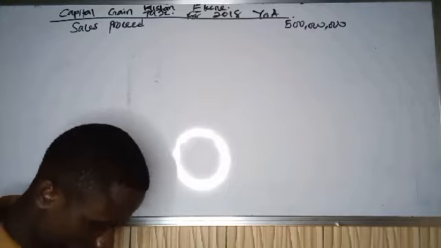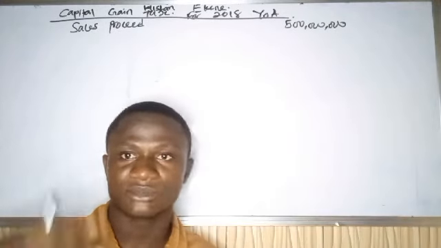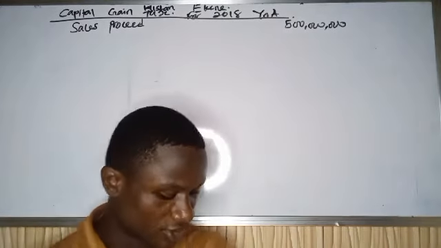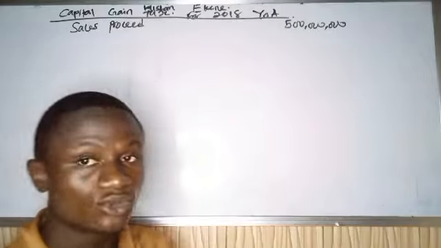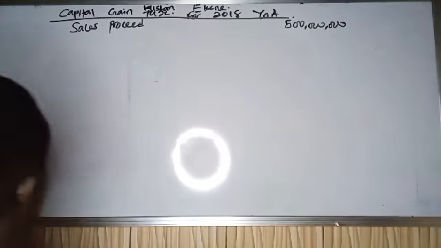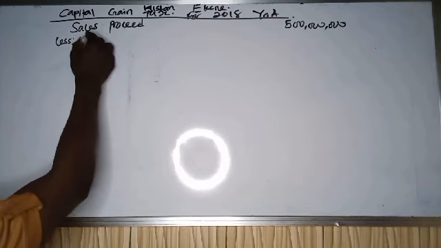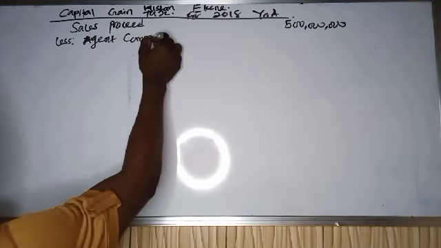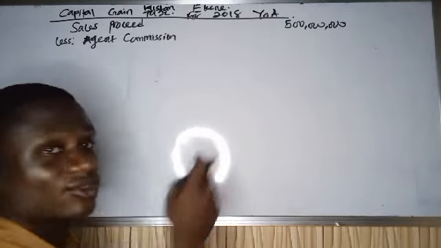Okay. When he sold the asset, are there any expenses that he incurred while selling the asset? Yes, and we have it. The agent is entitled to a commission of 10% of the sales value. So less agent commission, which is 10% of the sales value, and the sales value is 500 million.